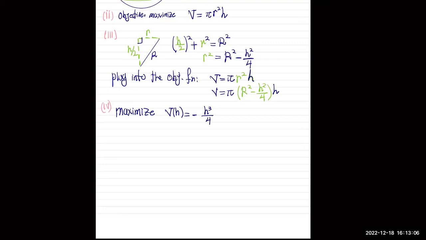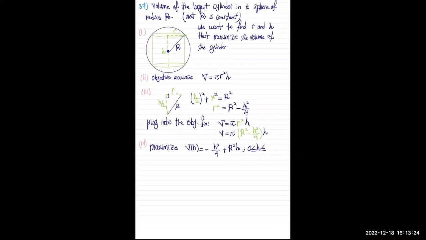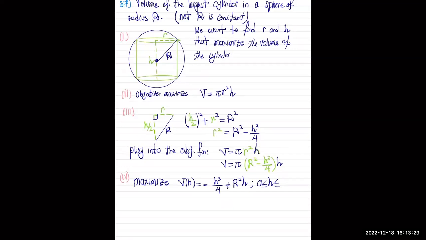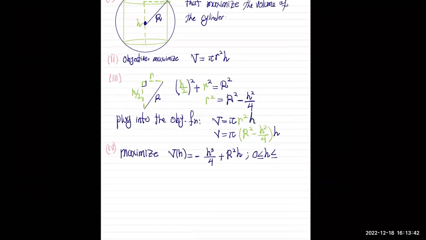Distribute H in and write it in descending order, plus R squared times H. And don't forget the domain. The variable here is h, and h goes from 0 to 2R. The largest h can get is the same as the diameter of the sphere, so the highest h is 2 capital R.